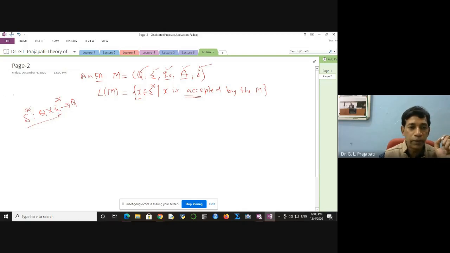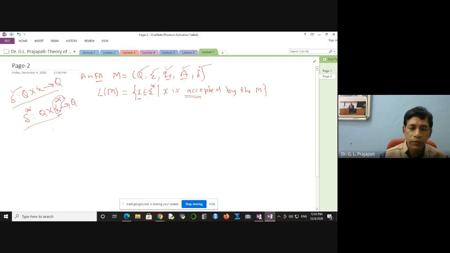In case of the delta, we have the set Q cross Σ. From any state, you have the input symbols, and on receiving every input symbol, you move to some state. So this is the definition of the transition function of the FA. Here we are going to define the delta star. So delta star takes the input as a string. It is not a symbol.